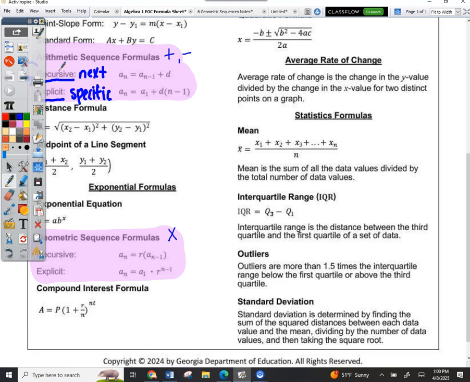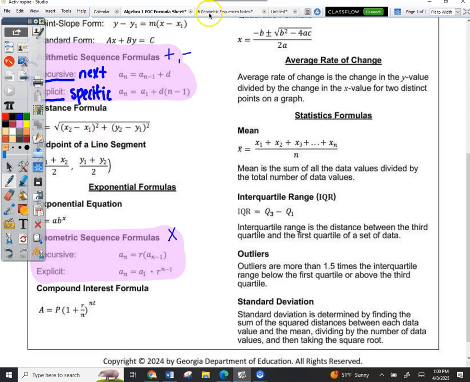If it's subtracting by the same number every time, it's arithmetic. But if you're having to multiply by a number every time, it's geometric. Okay? I haven't thought of a really crazy way to help you remember that, other than the fact that arithmetic means add and subtract. So geometric is the other one, multiply. That's the only thing I can think of.